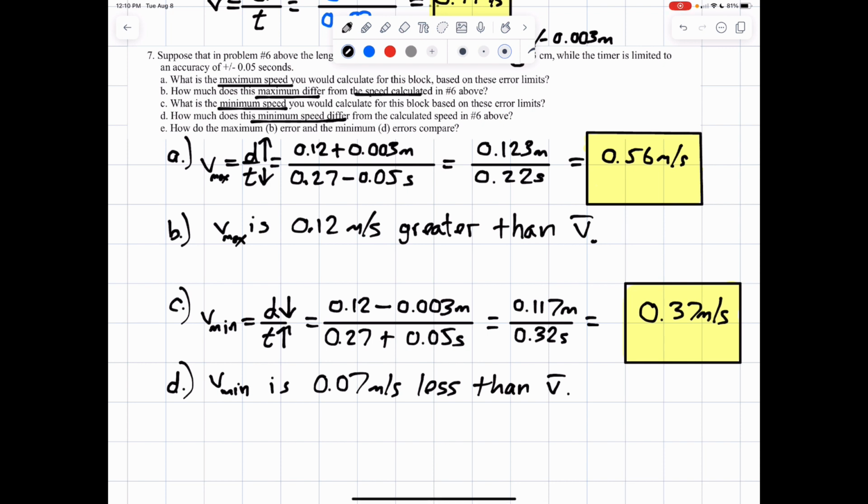Okay, part E, last one, how does the maximum error and the minimum error compare? Well, the maximum error is obviously greater than the minimum error.